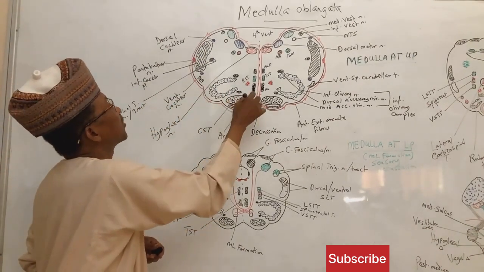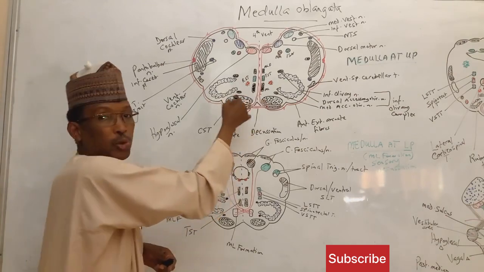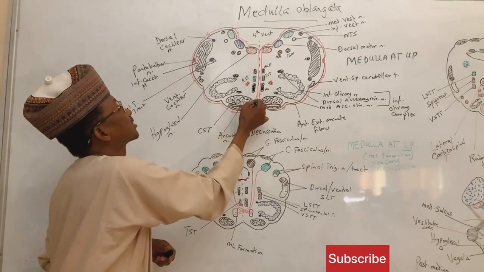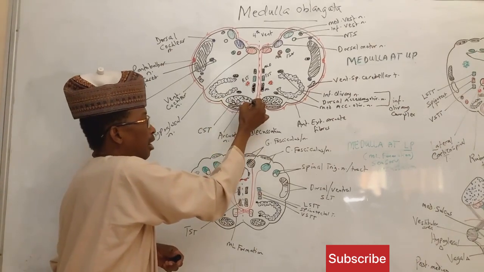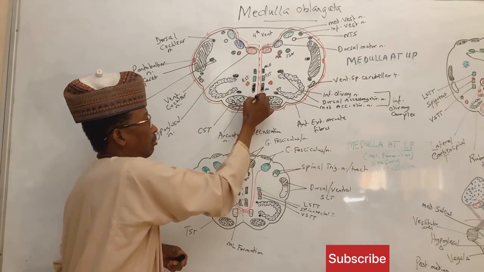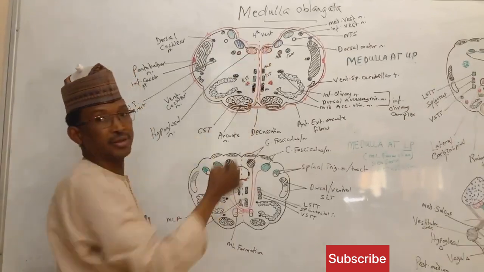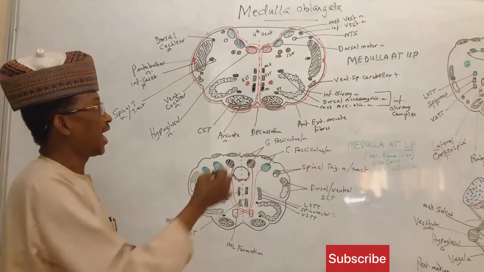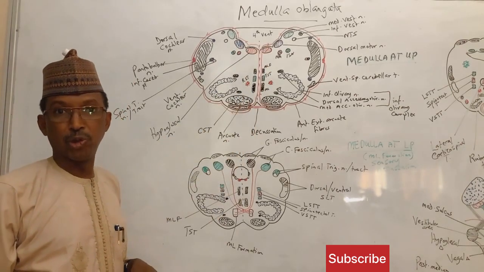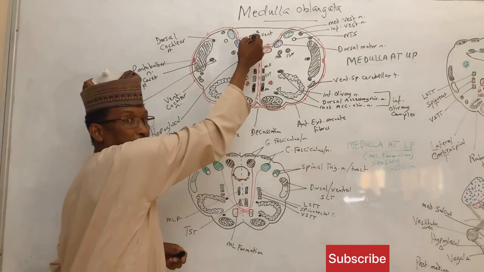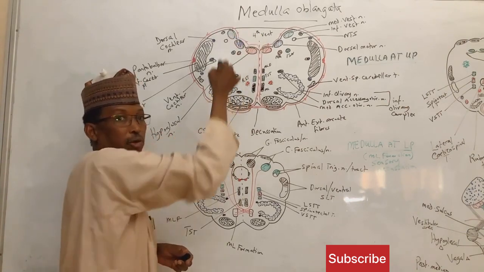What happens is that the fibers, axons from these nuclei, some of them, pass backward within the medulla oblongata until they get out of the back side of the medulla oblongata to enter into the floor of the 4th ventricle.